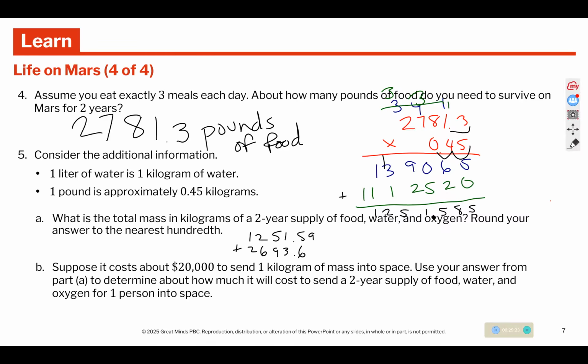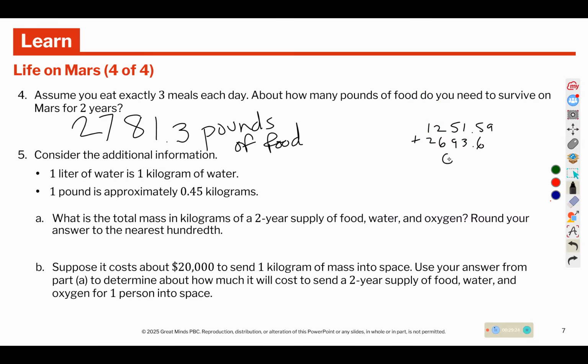Then we need the water and the oxygen. And the oxygen is 613.2.